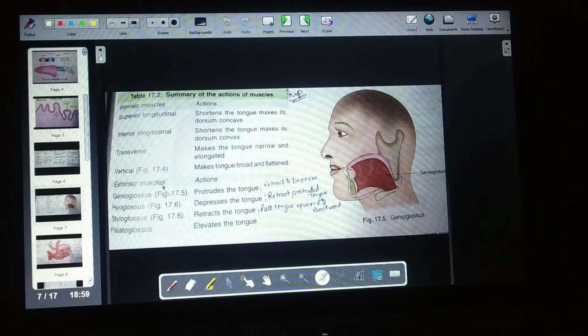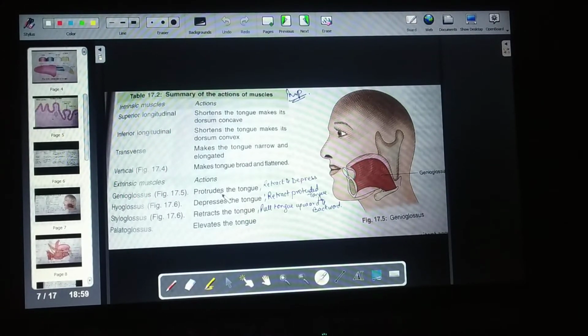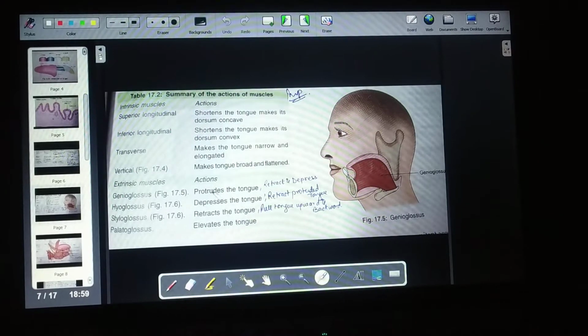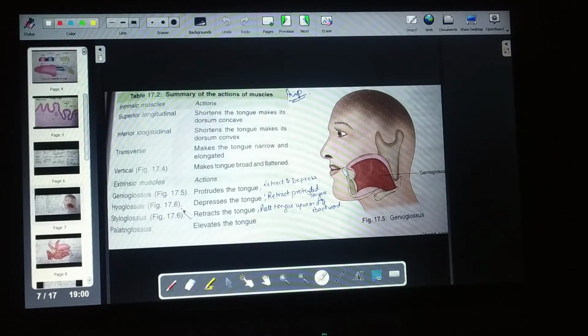Then the next are the extrinsic muscles that I have taught you earlier: genio, hyo, stylo and palatoglossus. The basic function of genioglossus is protrusion. Hyoglossus helps in the depression of the tongue, the styloglossus helps in the retraction of the tongue, whereas palatoglossus helps in elevation of the tongue.